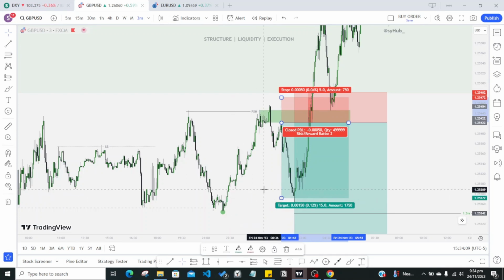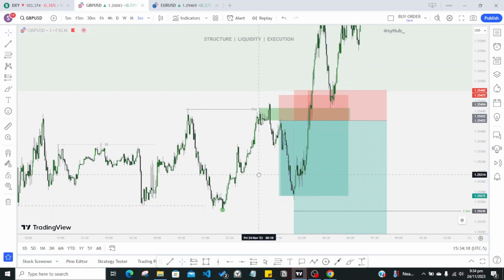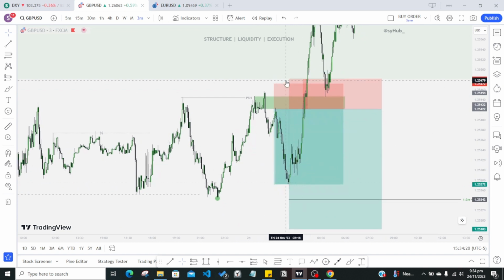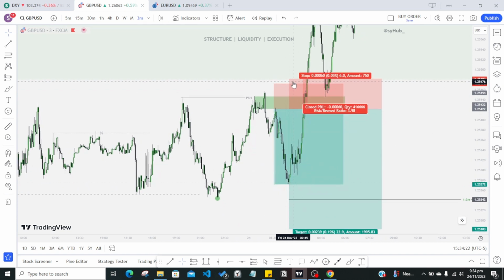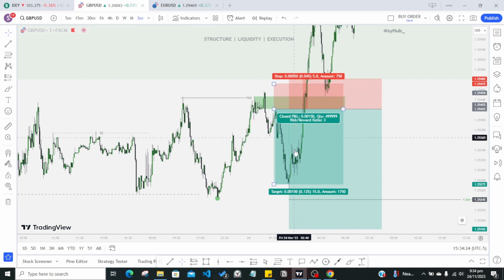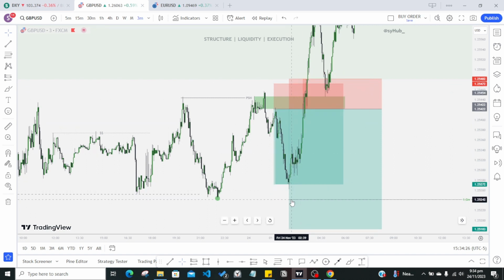So as you can see, price could have gotten me in there and taken me out before the reversal, but because I had a 6 pip stop loss instead of a 5, my 1:3 was now waiting for price to take out this strong low, which price wasn't going to take out because it had already taken out liquidity on the previous side, on the previous session.